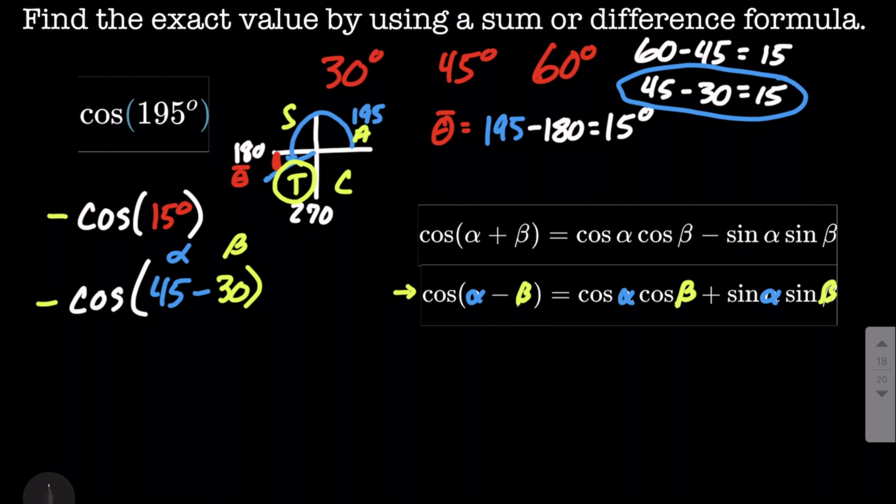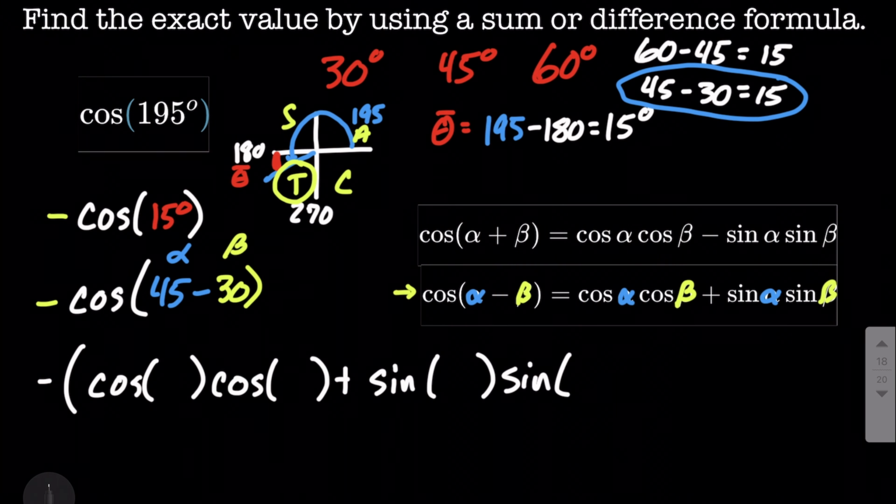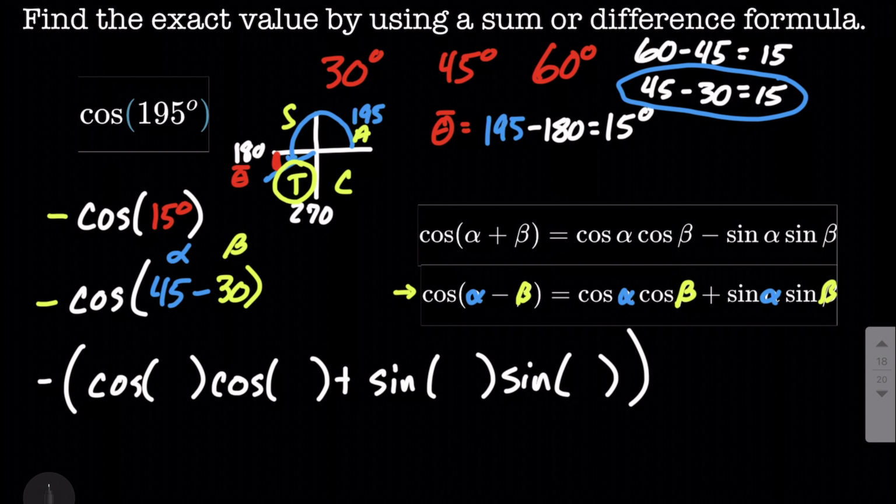So bringing everything along, I'm going to go negative of, and I'm just going to put a big set of parentheses here and rewrite the right-hand side of the formula. So it goes cosine, cosine, plus sine multiplied by sine. Close that big set of parentheses.